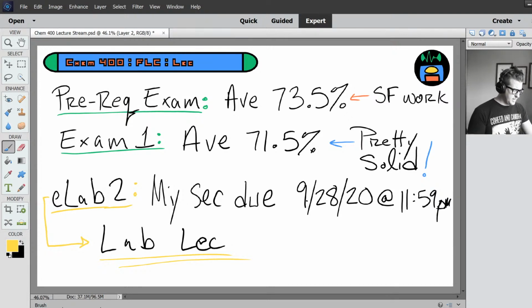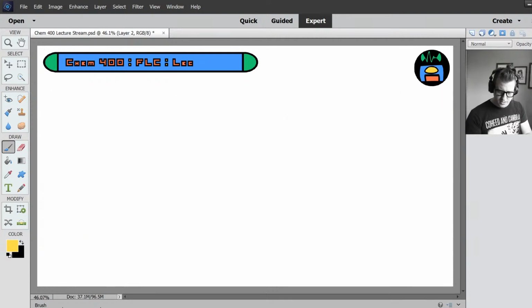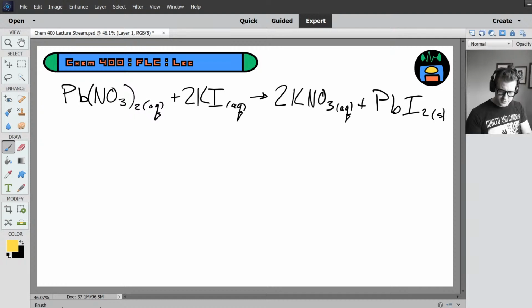Let's go ahead and resume with our discussion of precipitation reactions. We left off in lecture on Monday looking at this precipitation reaction, and what makes it a precipitation reaction is this solid product, the precipitate, and that is the definition of a precipitation reaction.